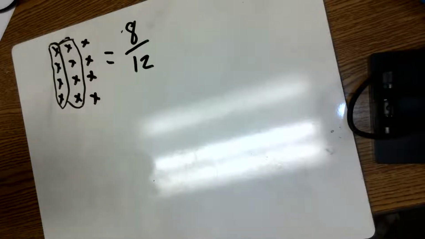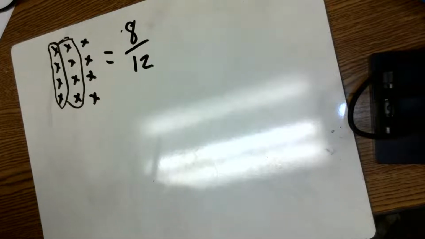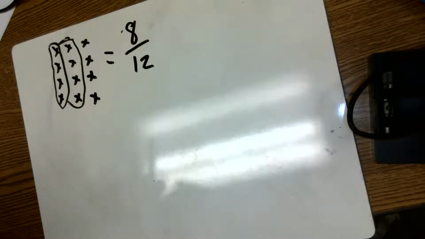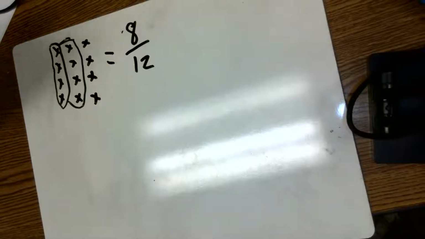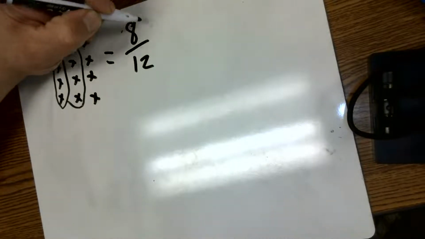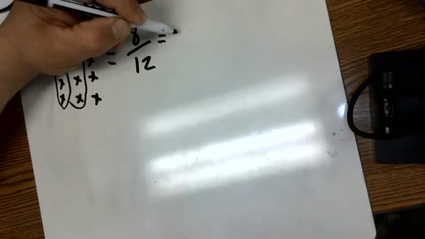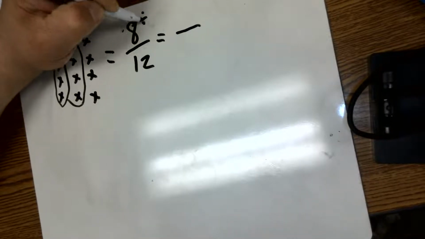What number divides into 8 and into 12? So what number divides into 8 and 12? 4, right? 4. Okay. So let's say you divided both sides by 4. Right?